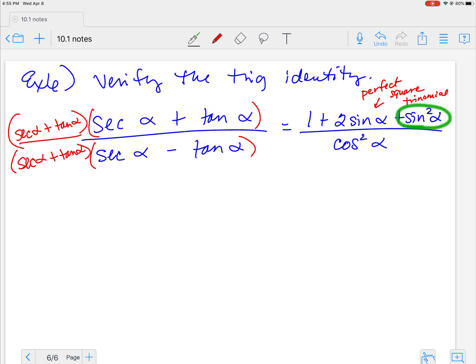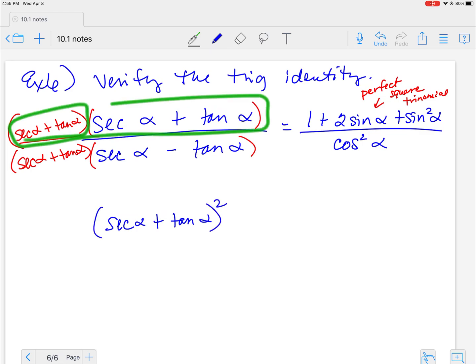Over here, this is a perfect square trinomial. Do you see that? Typically the squared is in front, but this plus sign, and this 2 in the middle tells me that's a perfect square trinomial.